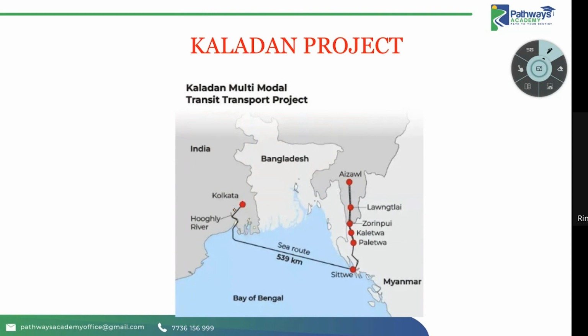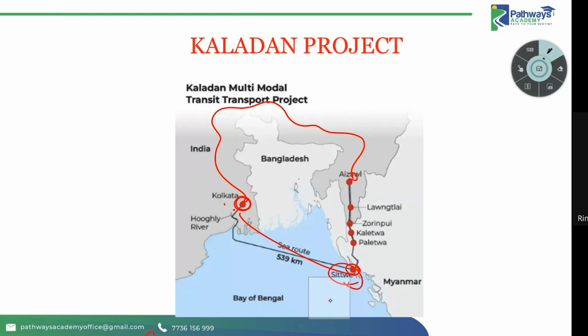If we travel by the land route, we have to cover a much longer distance. With this project, we can connect Kolkata to Sittwe first. Sittwe is a port in Myanmar. First is the sea route, extending from Kolkata to Sittwe.